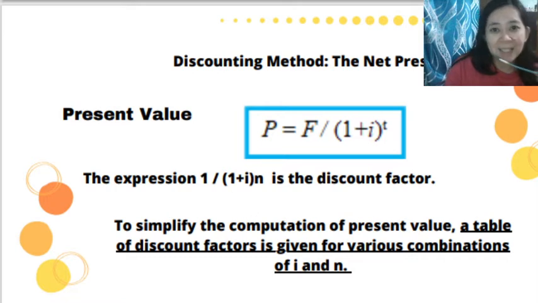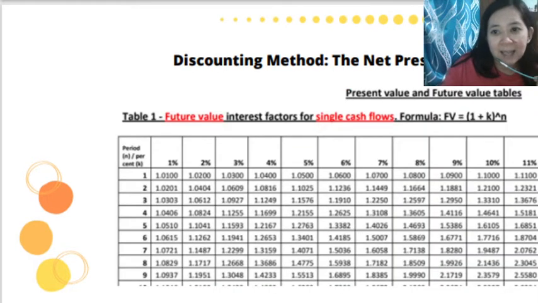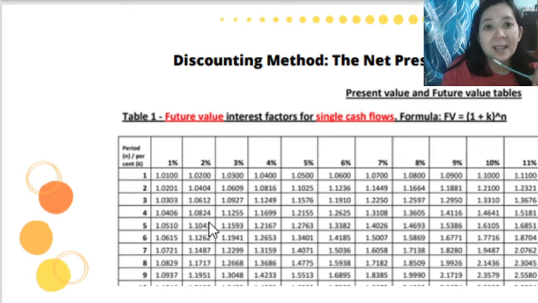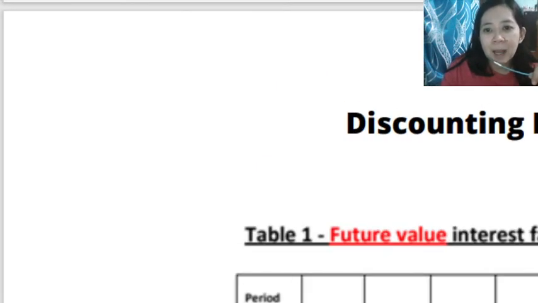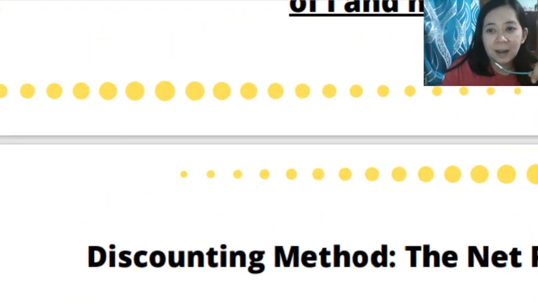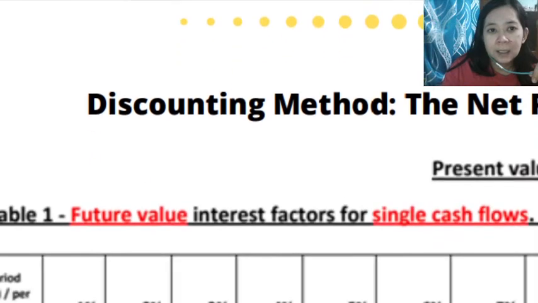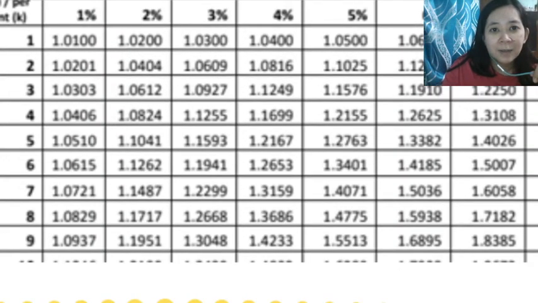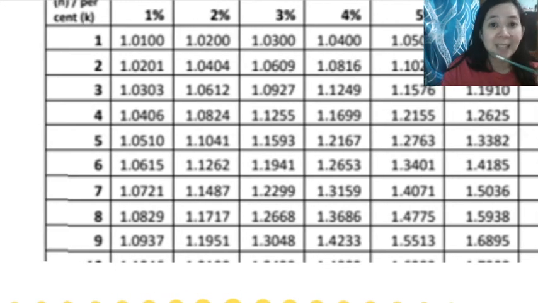In the next slide, we have an example. Suppose our investment is for 5 years, and our interest rate is also 5%.